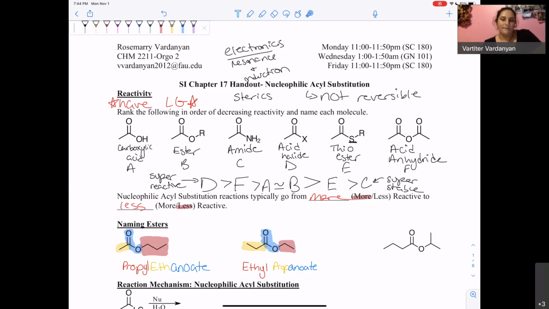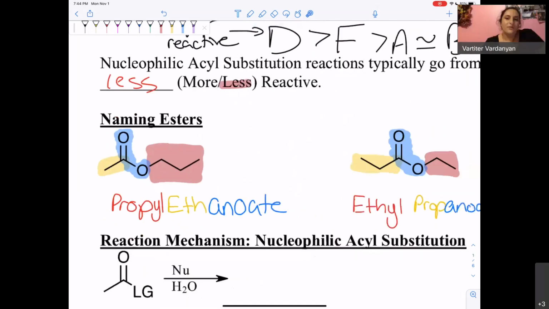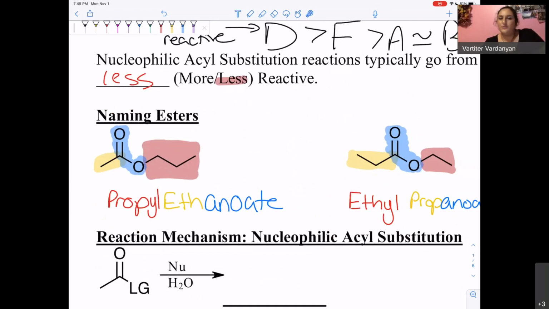And then naming of esters. People, for some reason, tend to get super confused when it comes to naming esters. But essentially, I want you to think first comes this side, so whatever's attached to the oxygen. And then comes this side, so whatever's attached to the carbonyl carbon.